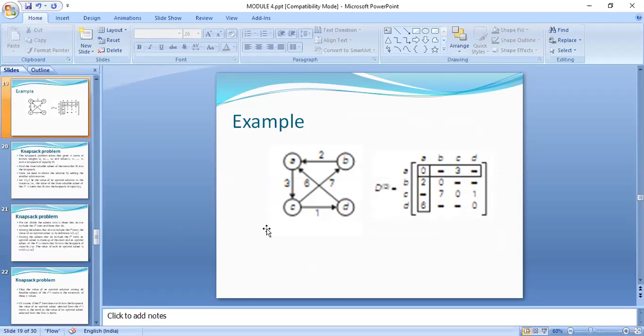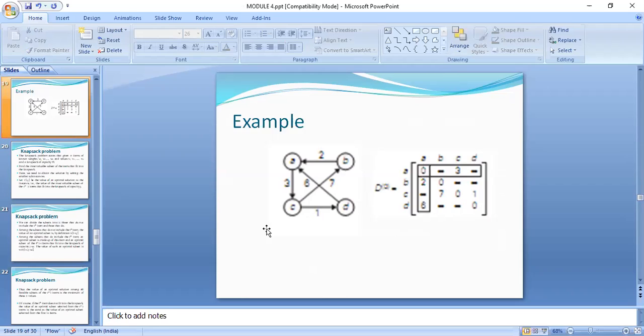Just take a few examples from it and work out both the problems, that is Warshall as well as Floyd's, and see whether you are able to proceed and get the solution. If you find any problems in between, if you are stuck in some places, please get back to me, so we'll try to solve it together.